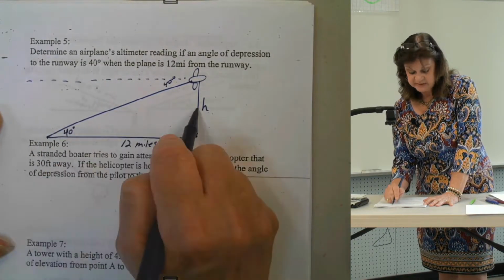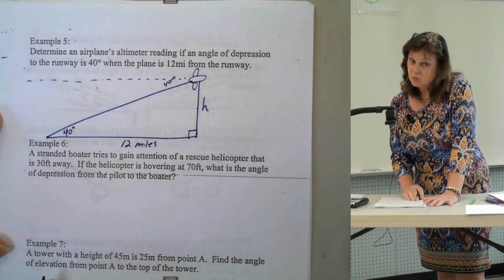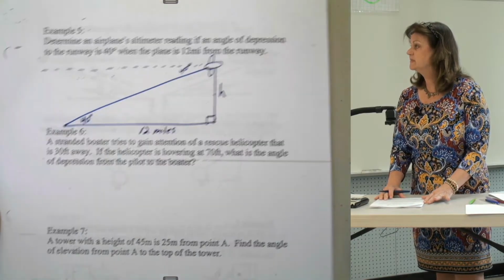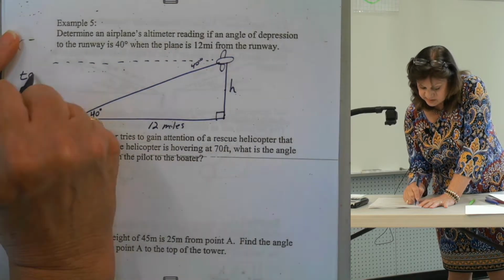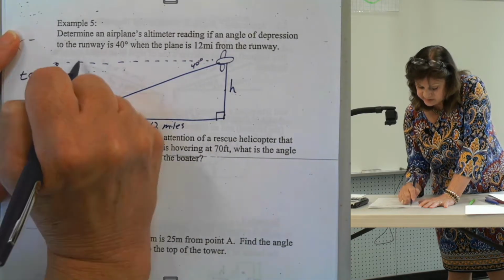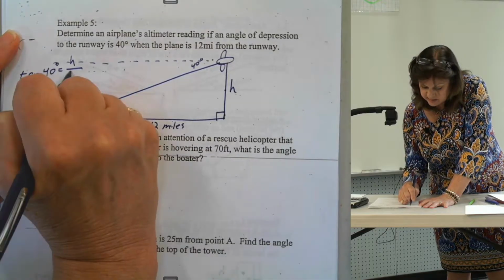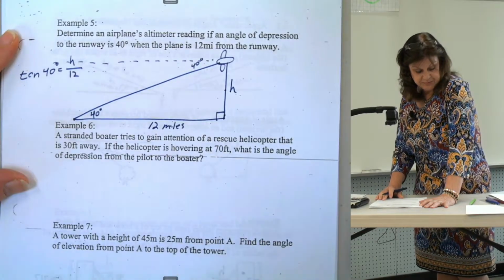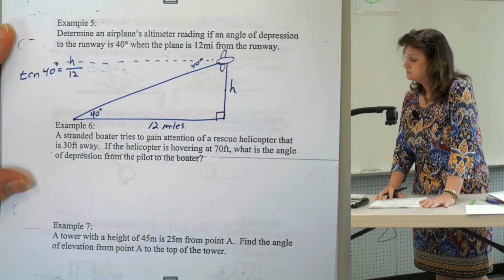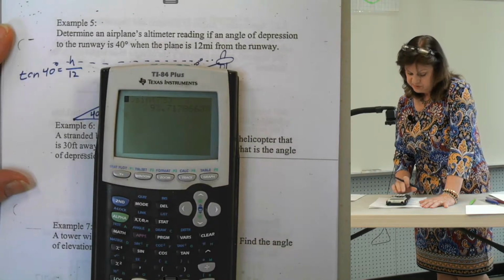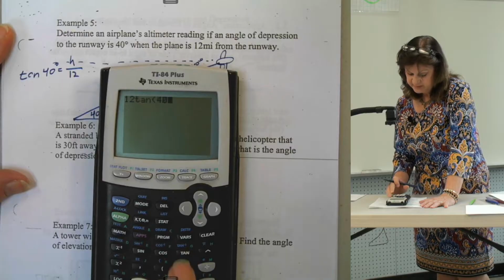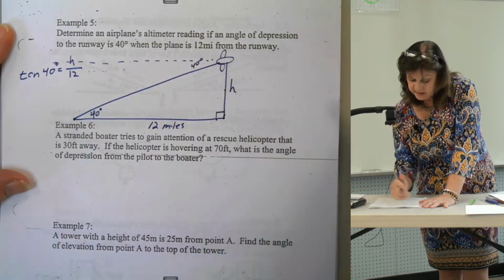You have opposite and adjacent. So what trig function brings in opposite and adjacent? The tangent of 40 degrees is the height divided by the miles. So 12 tan 40.